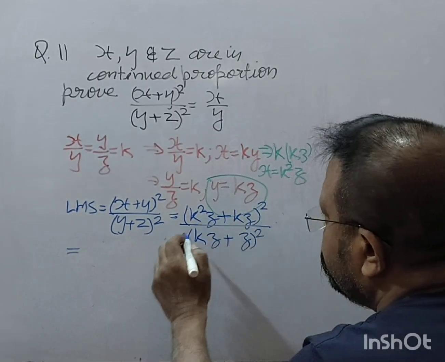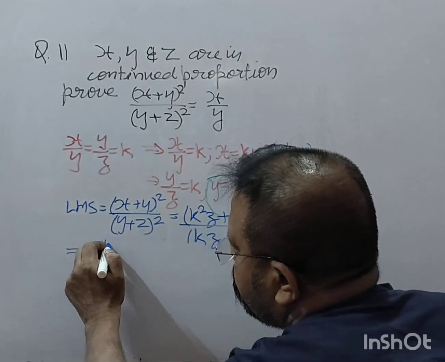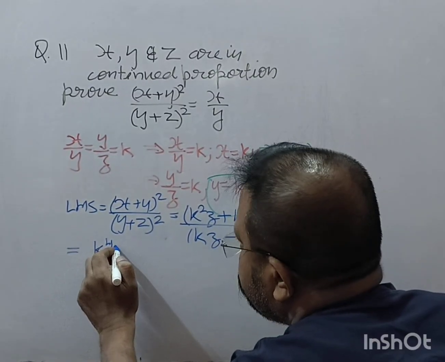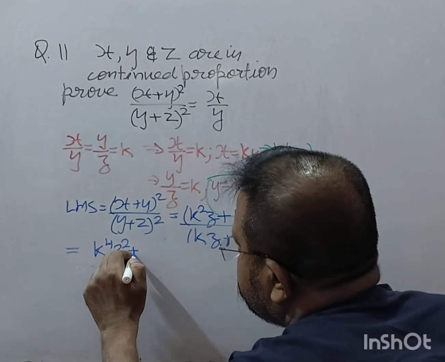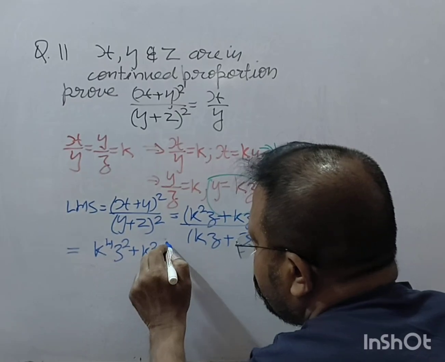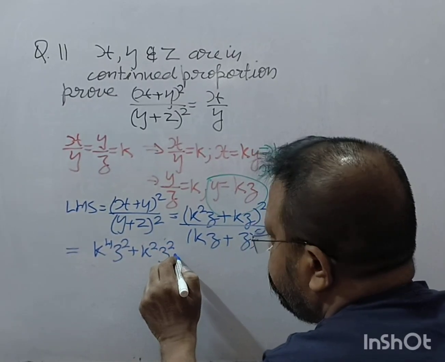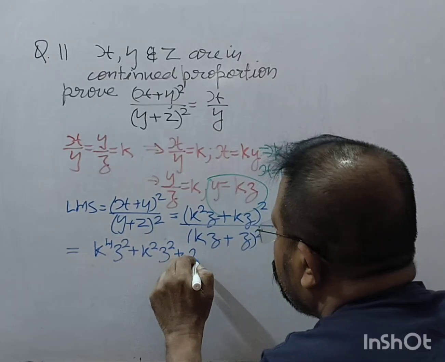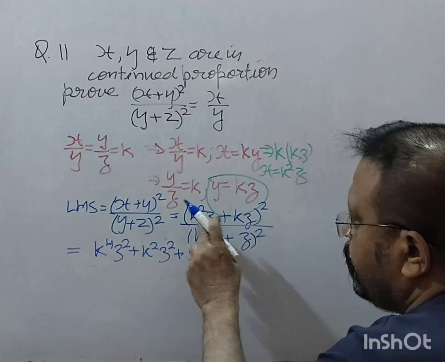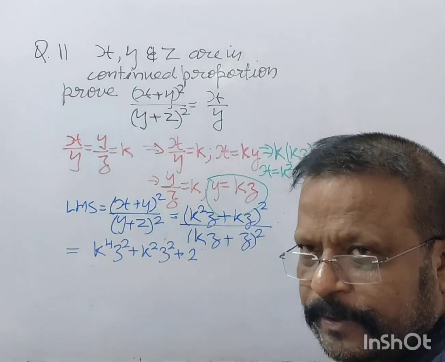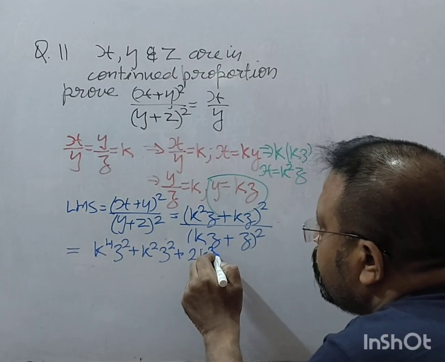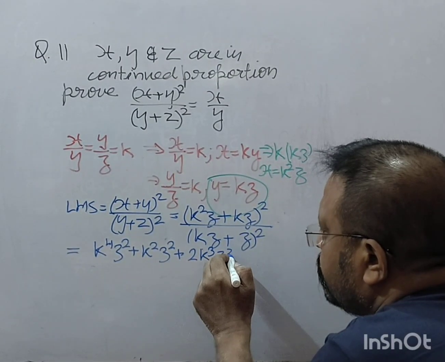This LHS is k raised to the power 4 z square plus k square z square plus 2, in a into b, it is 2ab, so it becomes 2 k cube z square, right?